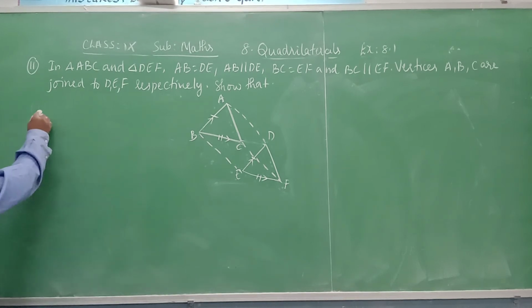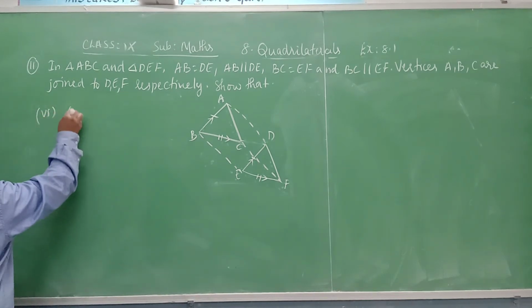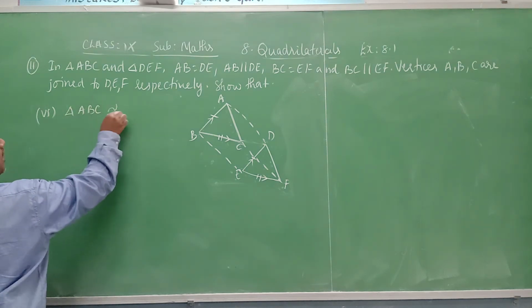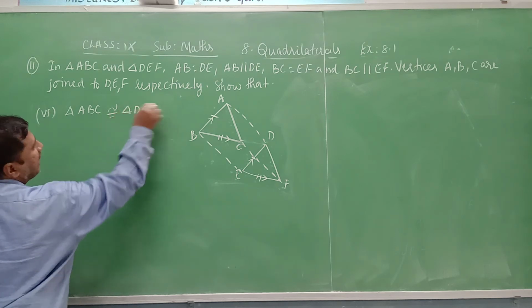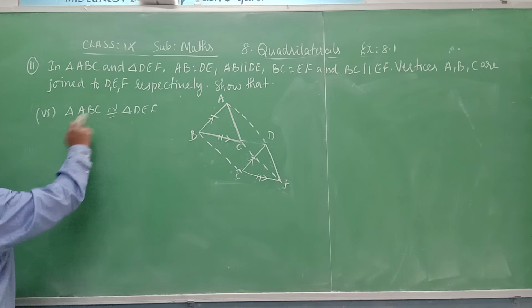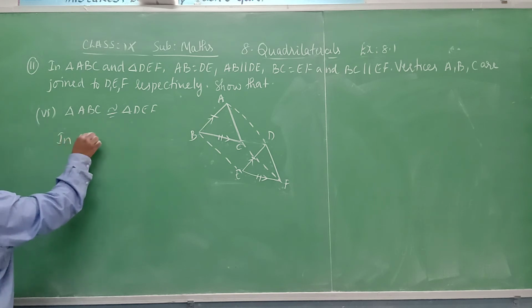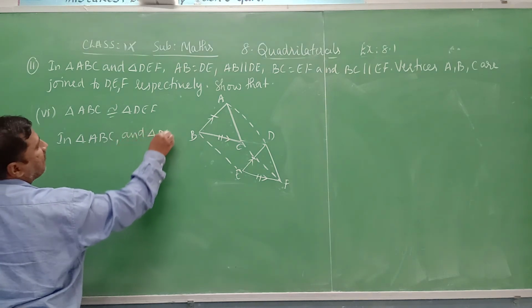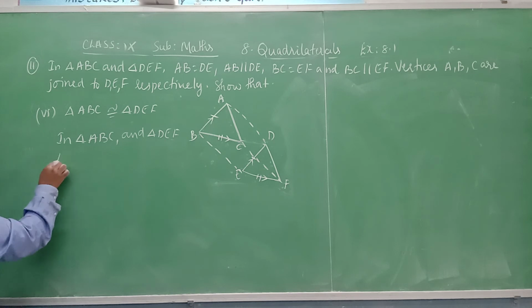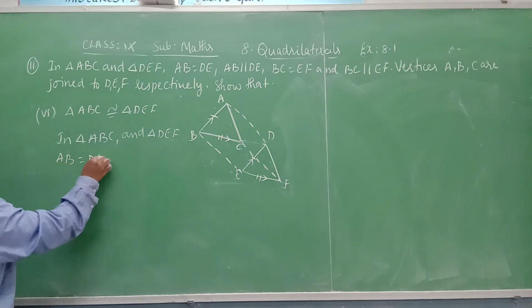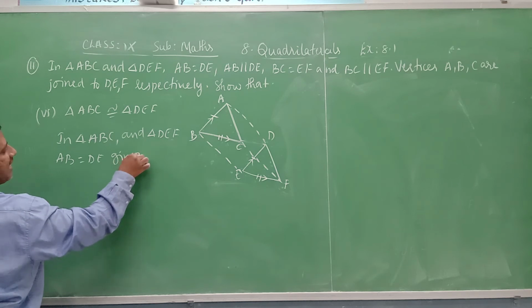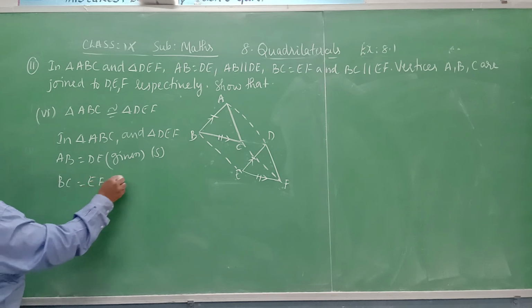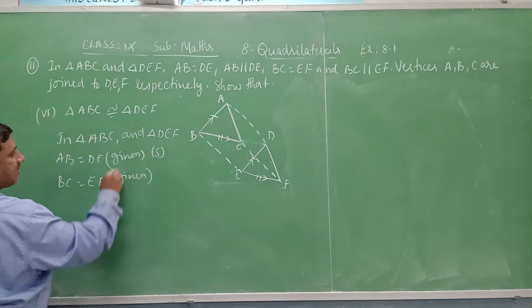Now, the sixth result which we need to prove: triangle ABC is congruent to triangle DEF. To prove this, consider these two triangles, triangle ABC and triangle DEF. AB is equal to DE, given, side. Then BC is equal to EF, also given in the question, side.